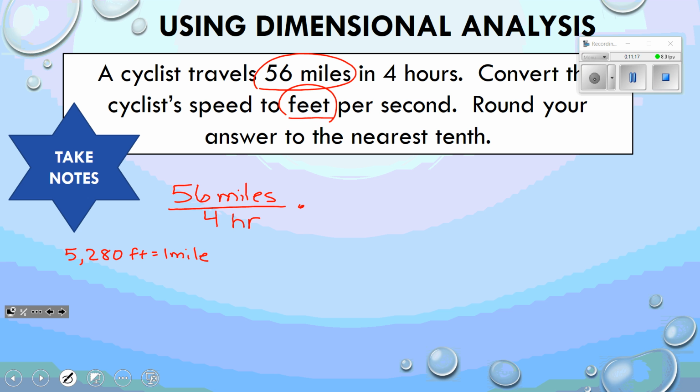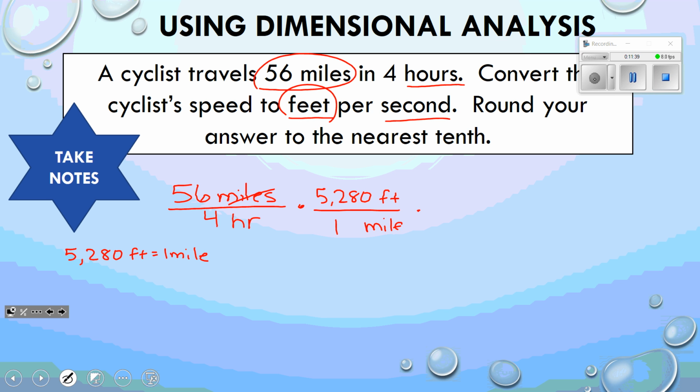So when we set that up, since miles is on top, we have to put the miles on the bottom. 1 mile, that's not plural, that would be singular, is 5,280 feet. Now we do our time conversion from hours to seconds.